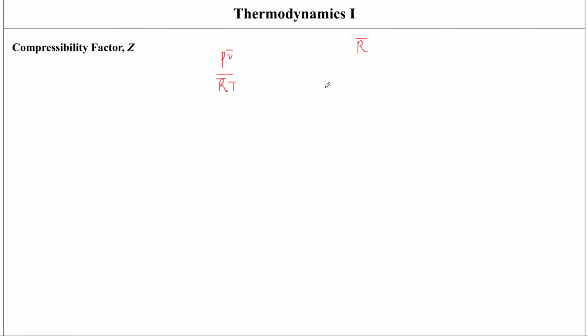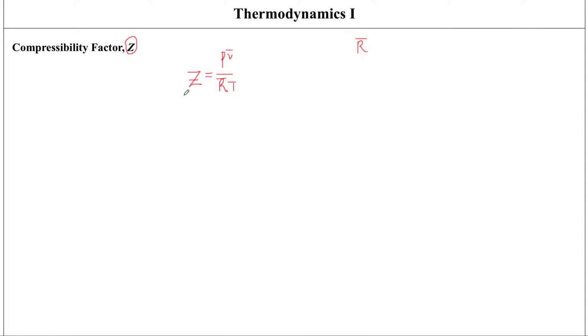Okay, so Z is given in terms of specific volume on a molar basis, and the universal gas constant that is applicable for all gases. And this is a dimensionless ratio, and what do I mean when I say dimensionless? It means that there are no dimensions of this compressibility factor. There's no units for it. All of them cancel out with each other, and it's a dimensionless quantity.